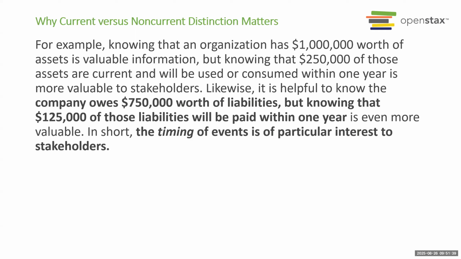If you have a lot of long-term or non-current assets and short-term liabilities, you could have a liquidity issue, which means you might owe more money immediately and faster than you can generate it. So let's say we have $1 million worth of assets, but our company owes $750,000 worth of liabilities.